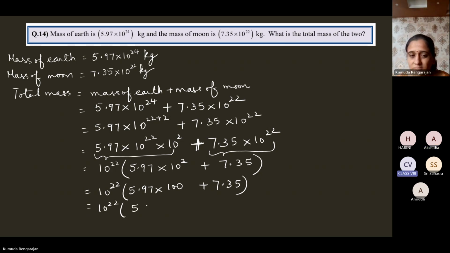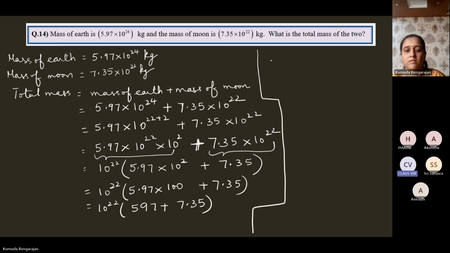Okay, plus 7.35, which is 10 raised to the power 22 into 604.35. Yeah, that's what he also said. 604.35. Correct. So now this is 604.35 into 10 to the power 22.